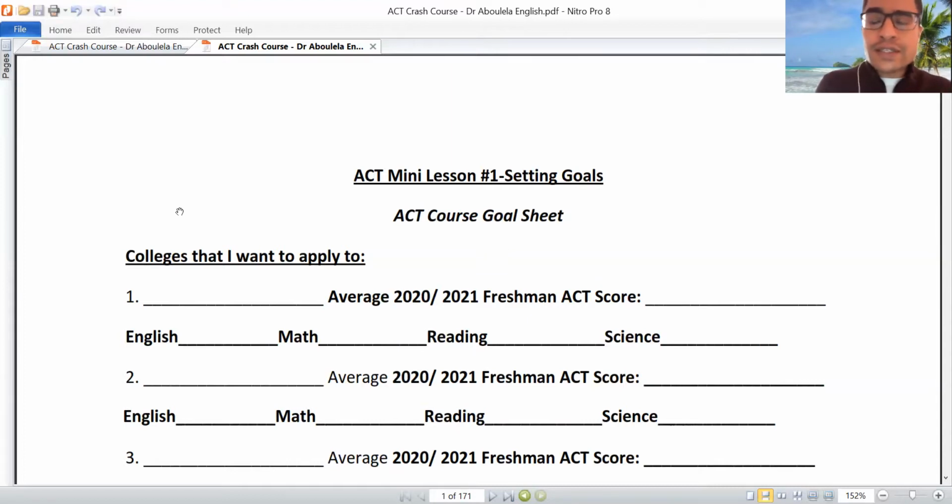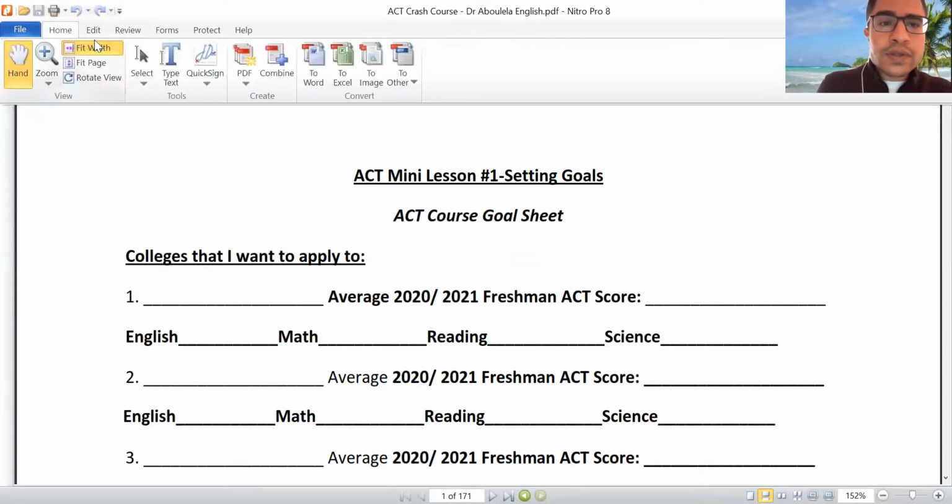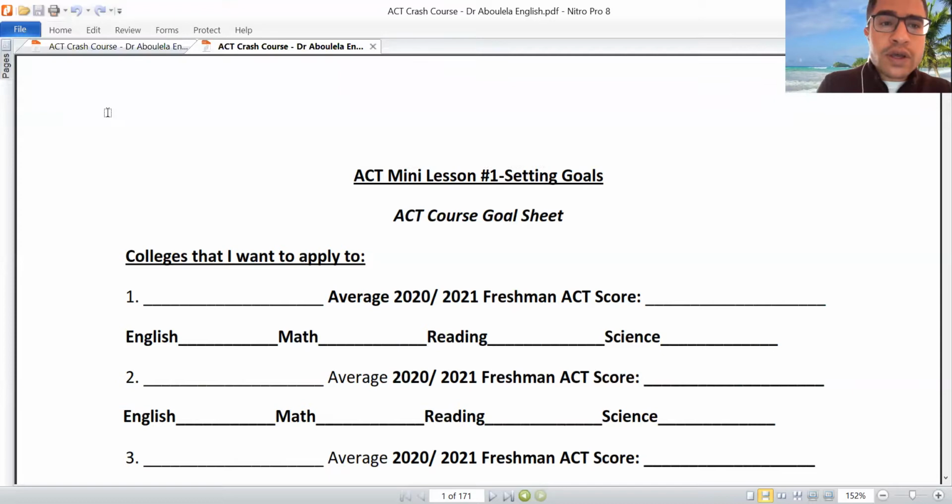As you know, the ACT is a standardized test that consists of 4 subject areas. These are the tests, basically.